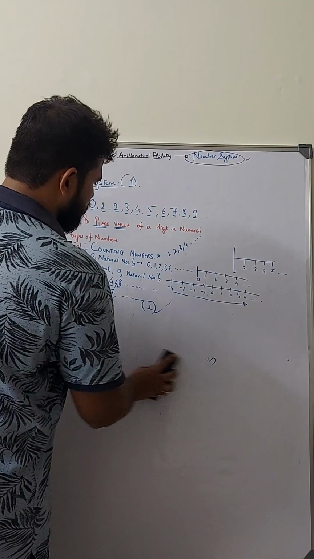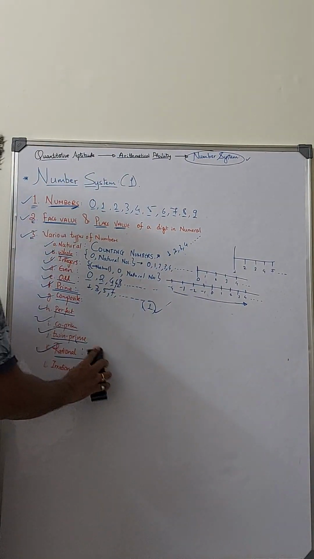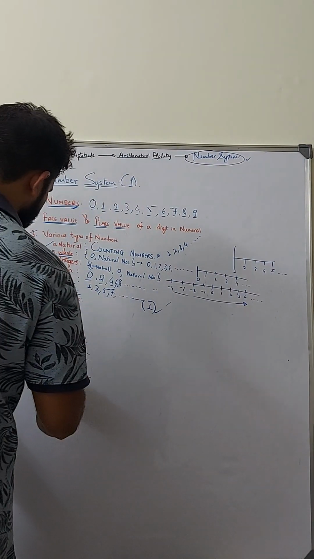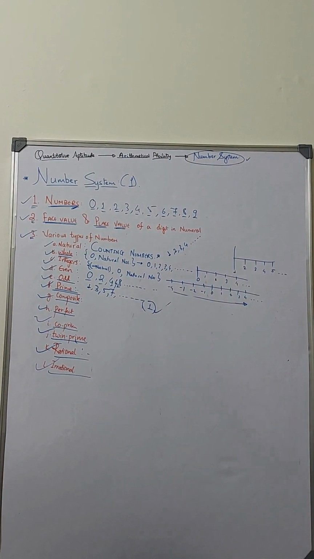Okay. Now let's move towards irrational numbers. What does irrational number mean? It is simple. The numbers which, when expressed in decimal, are non-terminating and non-repeating are called irrational numbers.